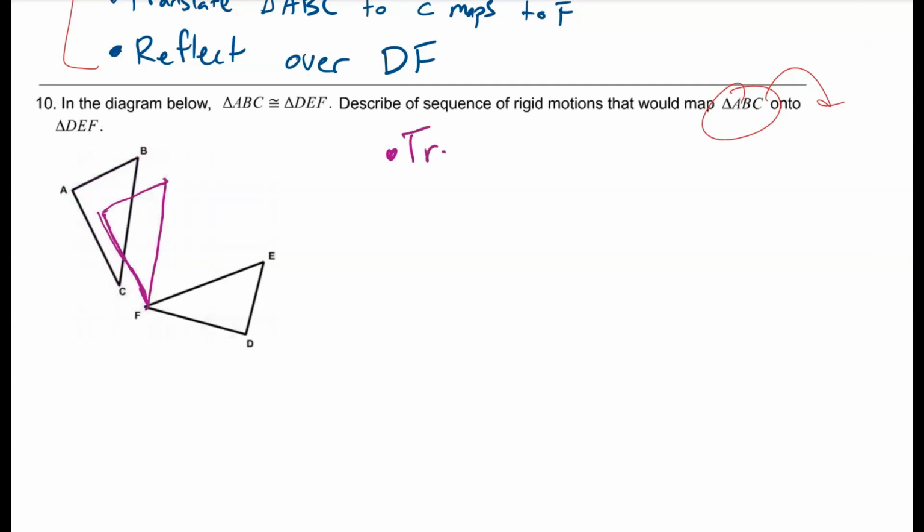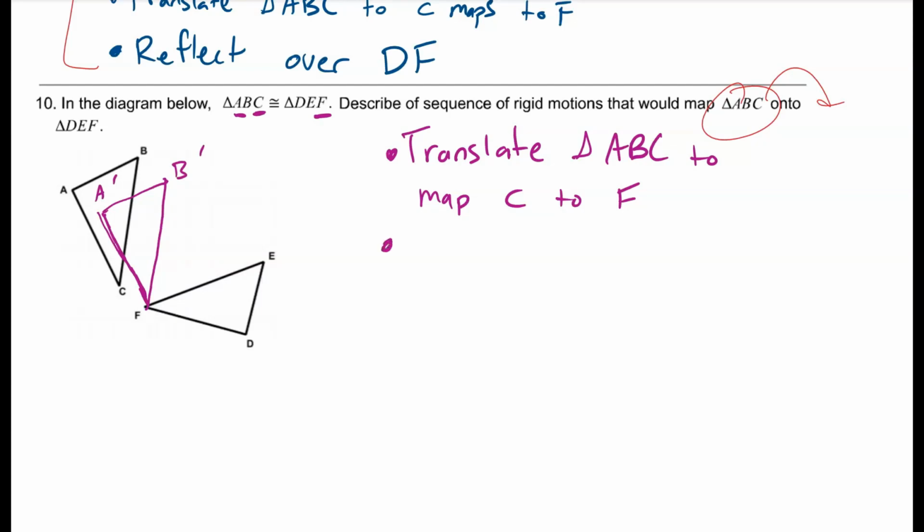So I'm going to start by translating triangle ABC to map C to F. Now, if you can't visualize where C is going to go, remember the order of the letters matters, right? So C is going to map to F, A is going to map to D, and so on. So now I've got an A prime here and a B prime here.